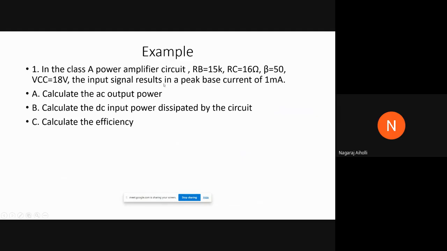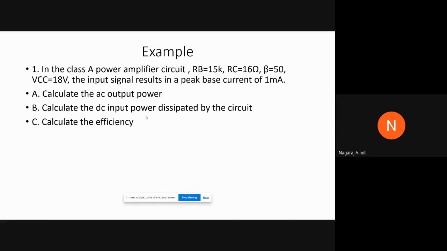We have to calculate, first, the AC output power. Second, calculate the DC input power dissipated by the circuit, or the input DC power drawn by the circuit. Then the third part is to calculate the efficiency of the circuit.